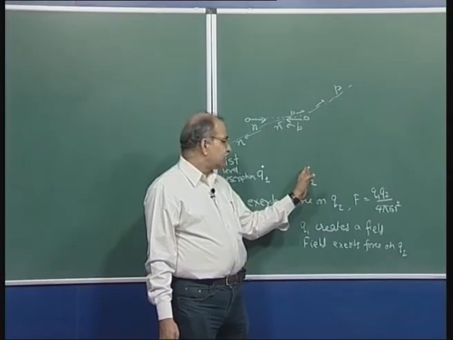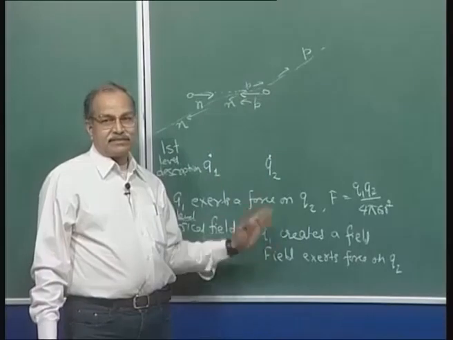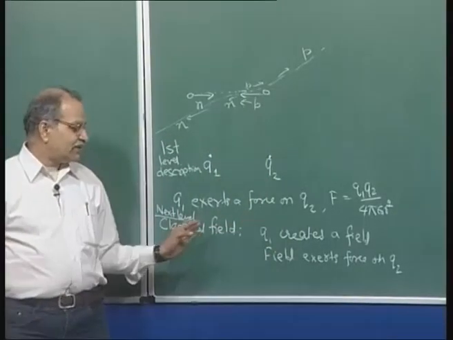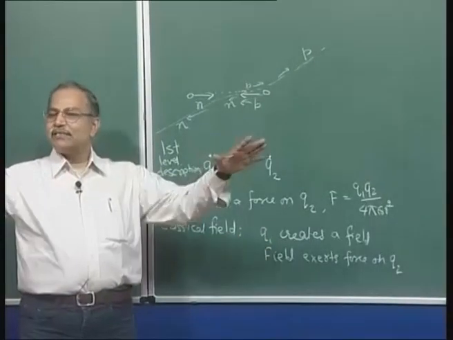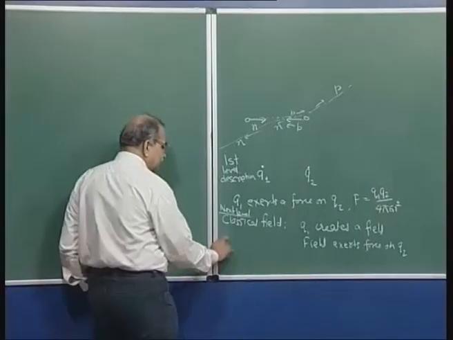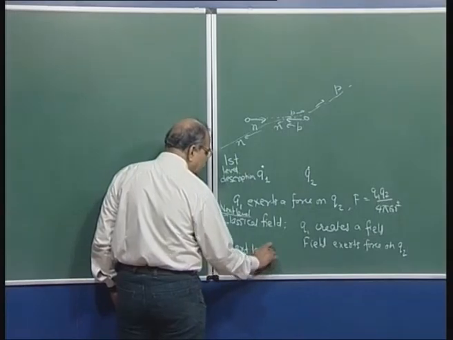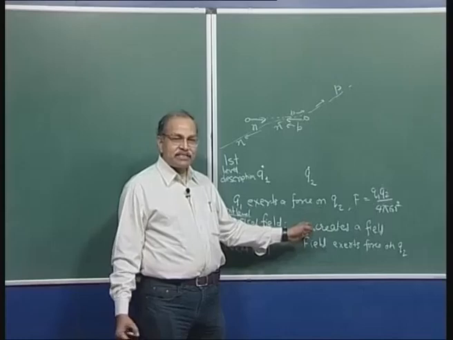So, the interaction is through this field, it is not a direct interaction. That is the next level of understanding, and here this classical field is continuous. And then even further, when you go to the next level, so this is electrodynamics.